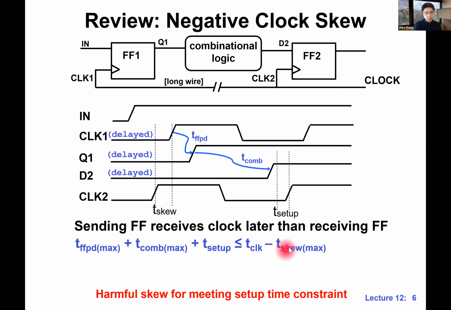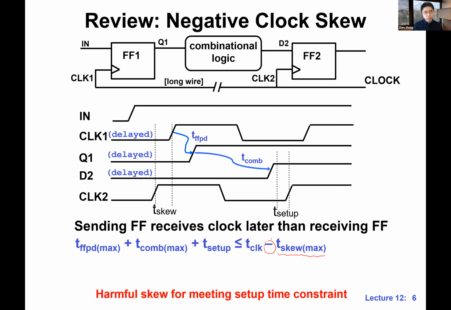Check out my notes and the recorded lecture from last time if you don't remember. This is the equation that we derived. First, we have this term on the right-hand side. The reason this is called a negative skew is that we do have a minus sign.